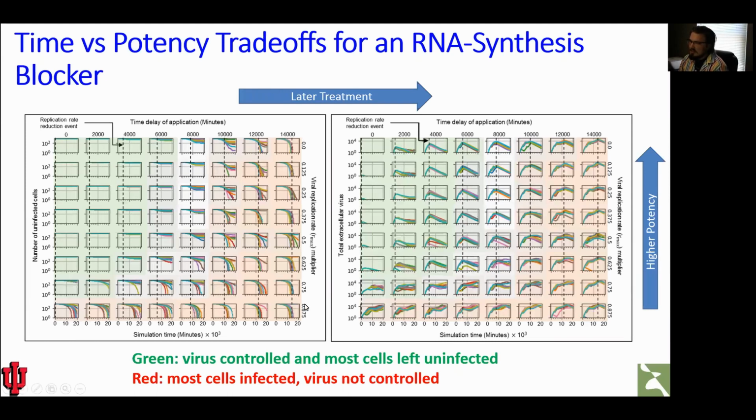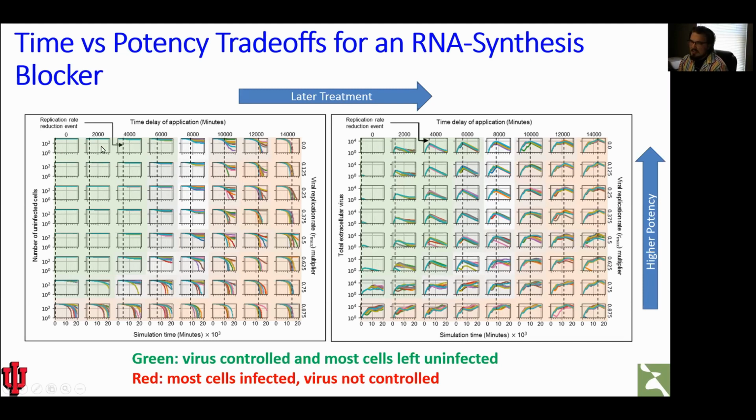Now moving from bottom to top, these coefficients correspond to the reduction in the replication rate that's applied at a particular moment in time. So here at the lowest, 0.875, this is a 12.5% reduction in the original replicating rate, whereas 0 means that all genomic replication, at whatever time it was applied, stops.